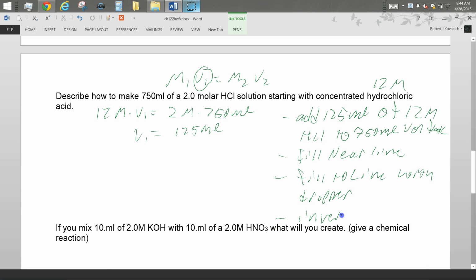And if you invert once, it'll be mixed. Since both of these are liquids, you can skip the whole fill it part way and shake it up. You're not going to need to shake it up, so you just need to flip it over one time and you're good to go.